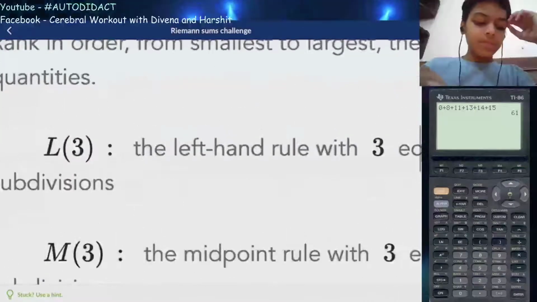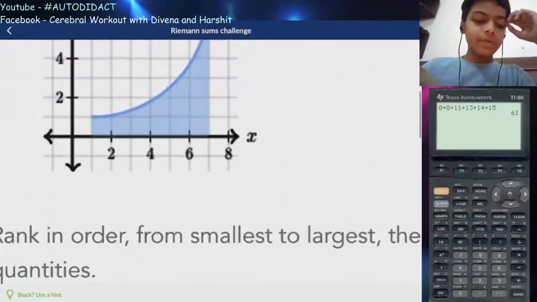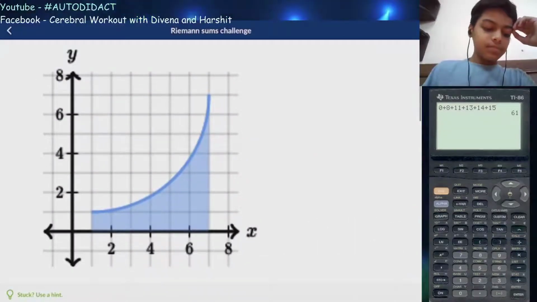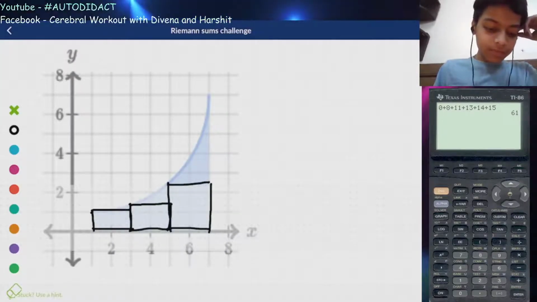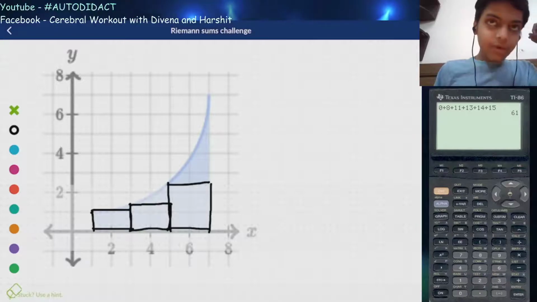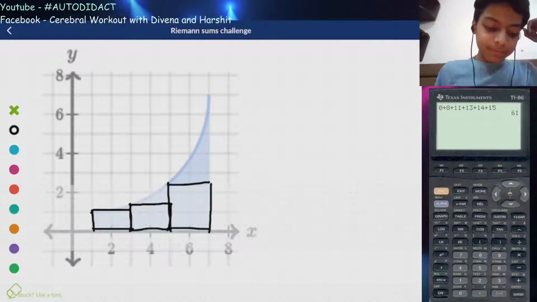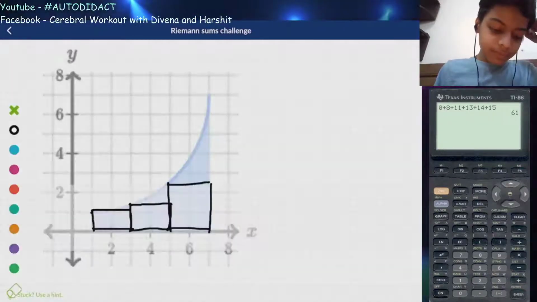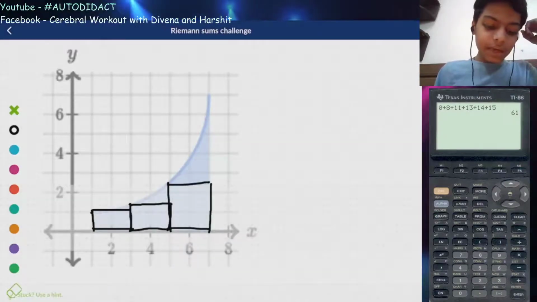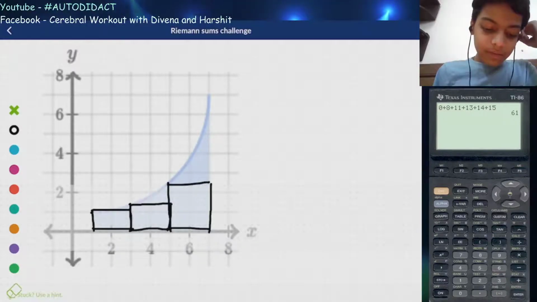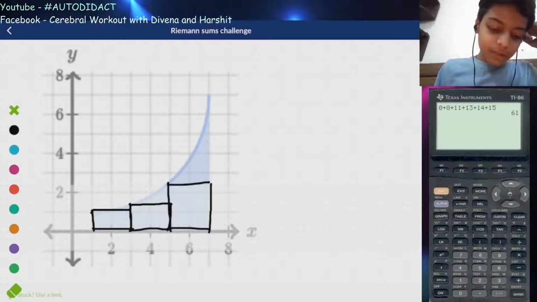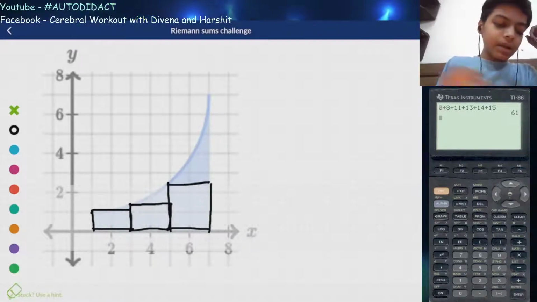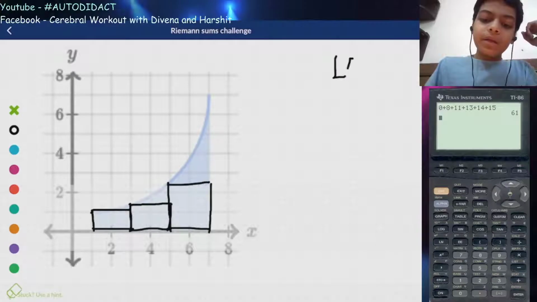The second one we have to do is M of 3, the midpoint rule, 3 equal subdivisions. So this was the L of 3, and let's do M of 3. M of 3 will be just like this. The first rectangle will be the same, and the second will have a little bit of change. Let's write L of 3 in black.